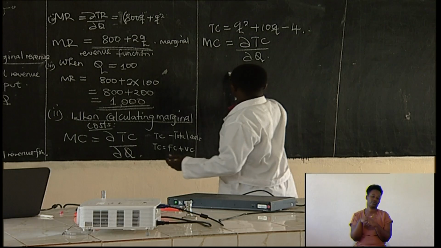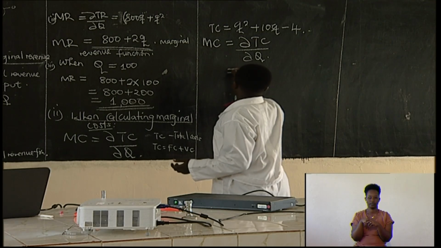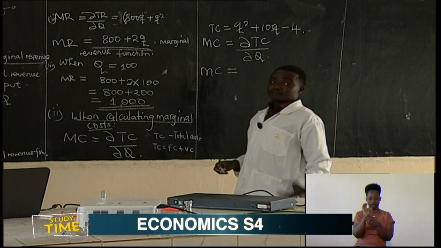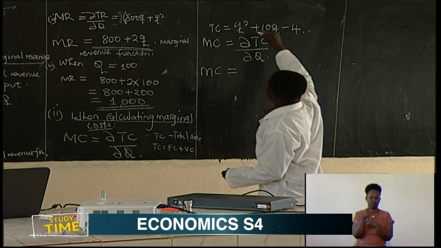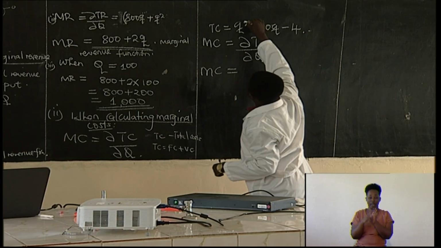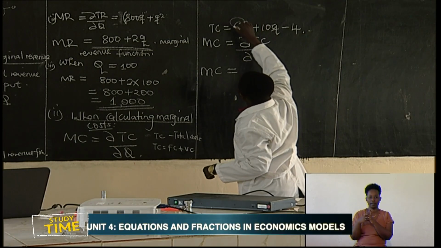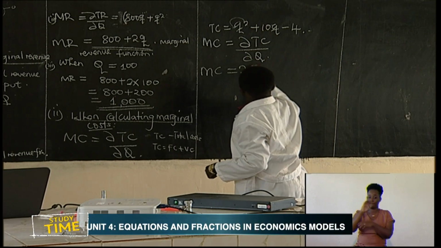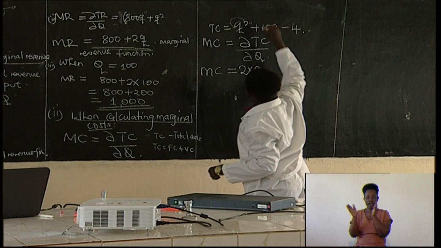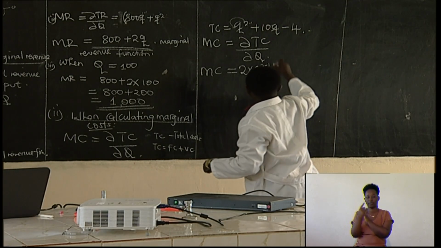In this case, when you differentiate our total cost function, applying our general rule, this is Q power 2, so you bring the 2 here. That is 2 times Q, and remember you subtract 1, so 2 minus 1.